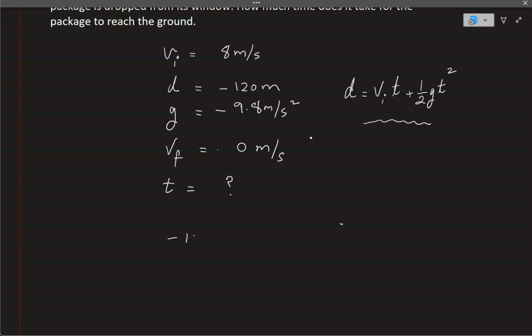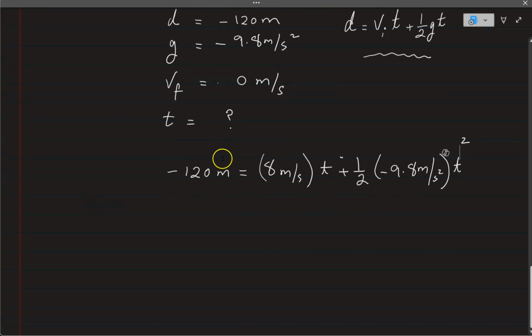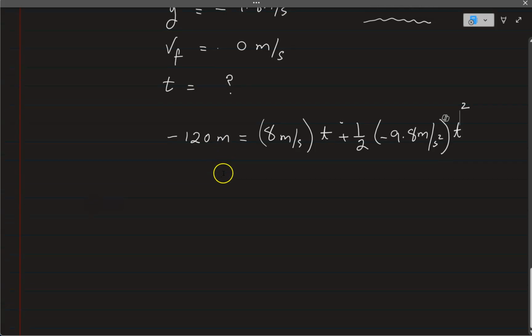We have negative 120 meters equals initial velocity 8 meters per second times t plus 1 half negative 9.8 meters per second squared times t squared. You notice that we have this equation that is quadratic. We have a quadratic equation that we need to solve. And at this point, I'm assuming that you can solve a quadratic equation.